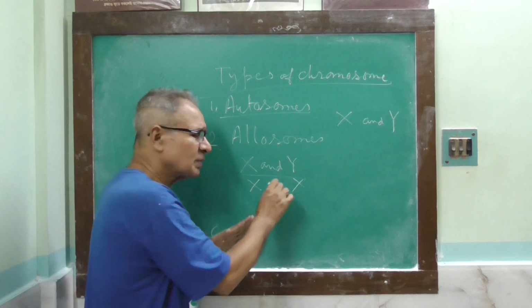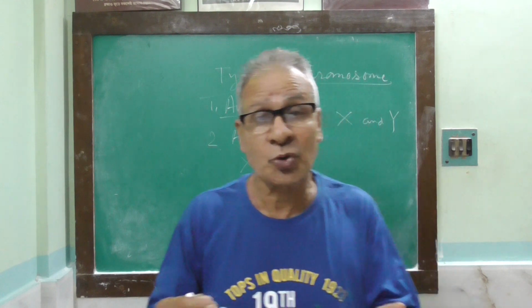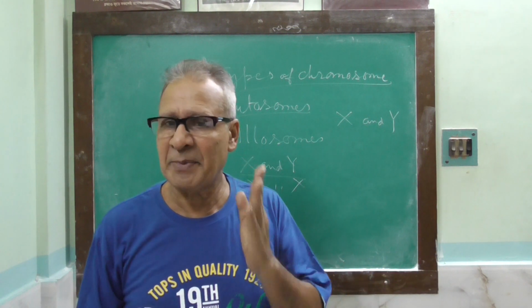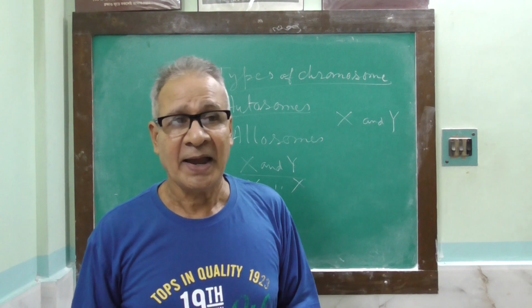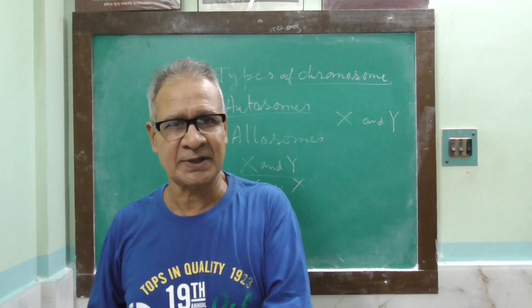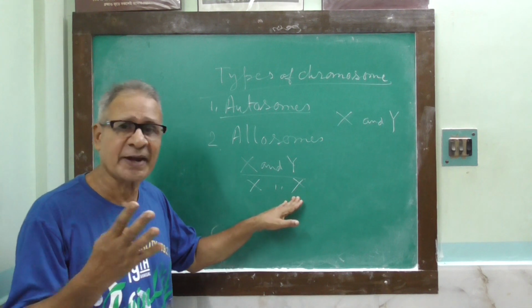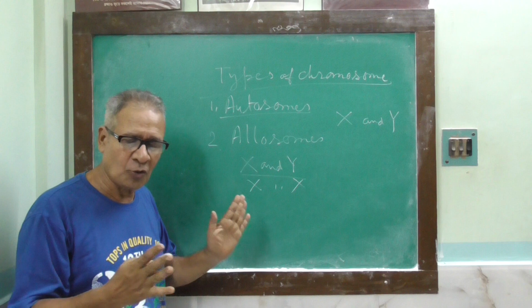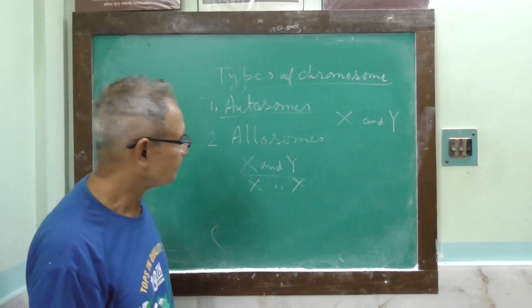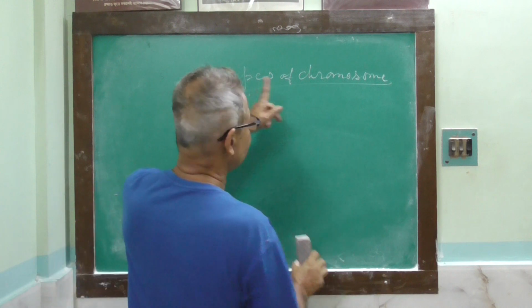As males contain both the X and Y chromosome, they produce two types of gamete, X type and Y type, and hence males are known as the heterogametic sex, while females produce only one type of gamete, X type, and are known as the homogametic sex. These are the autosomes and allosomes, the types of chromosome.